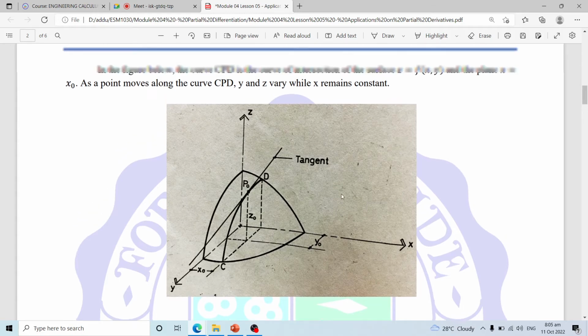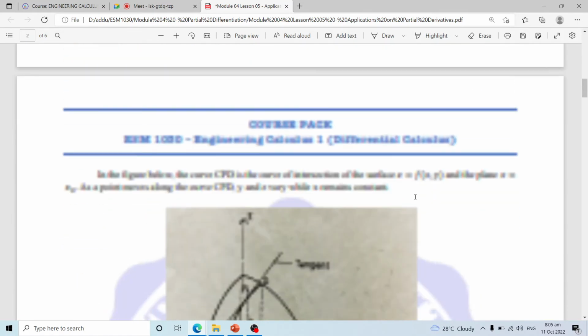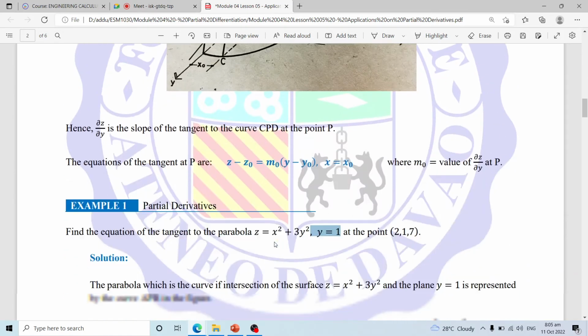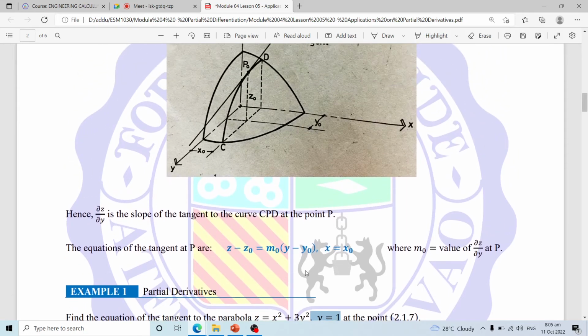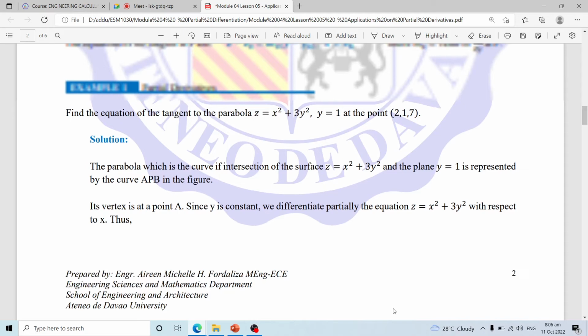Earlier, y was always constant for the line. In this case, x will always be constant. So, the equation I showed earlier is z minus z sub o, where m sub o is the value of the partial of z with respect to y at point P. So, let's try.